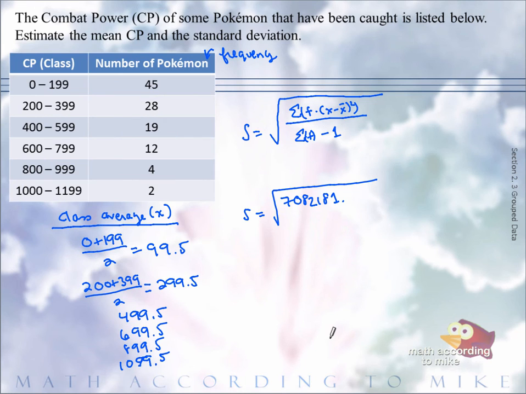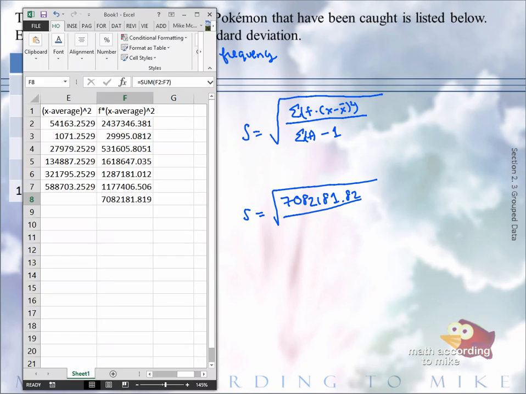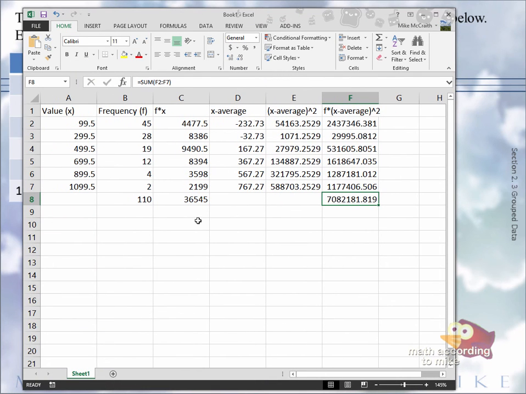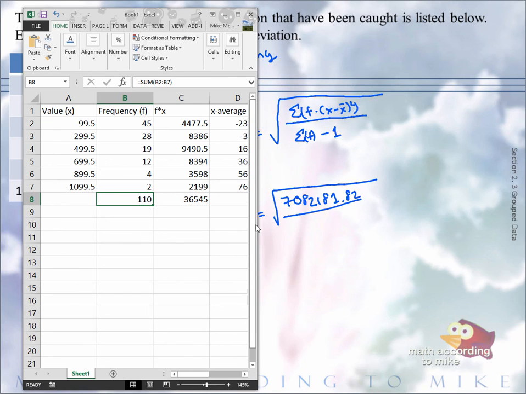That's fine. Divided by the sum of the frequencies. Again, you can go back to Excel and make Excel do it. Oh, we already did that. We got 110. So the sum of the frequencies was 110. That's nice.